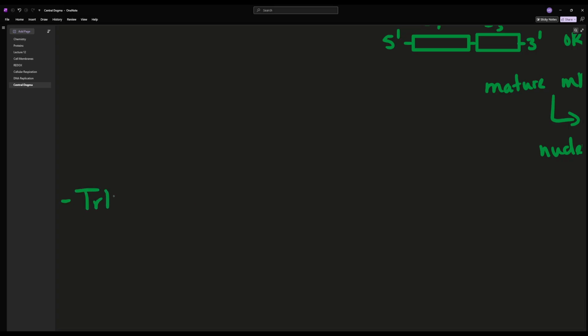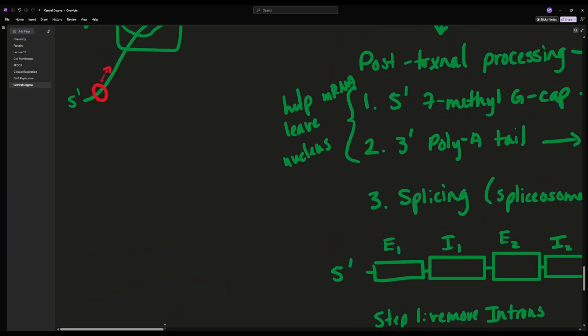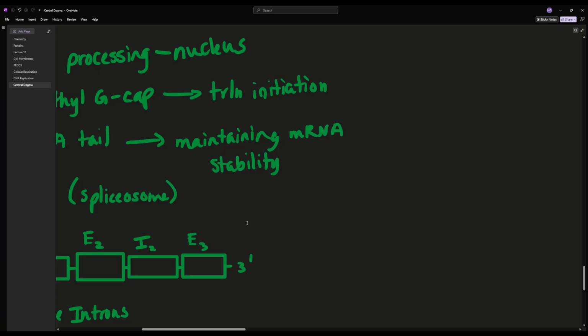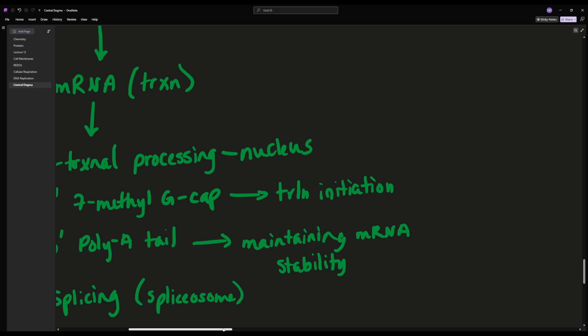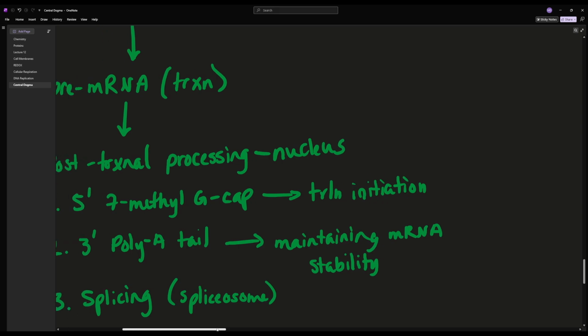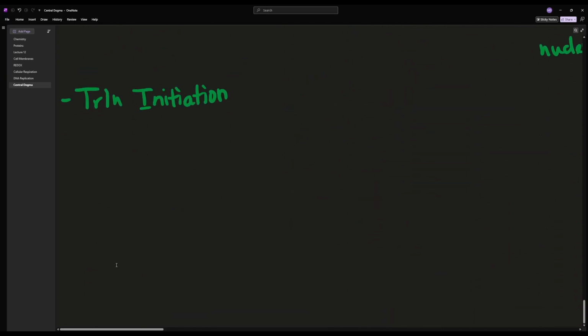So like I said, we'll first start off with translation initiation. In eukaryotes, there's two main types. There's the cap-dependent translation initiation, where, like I said up here, the ribosome will actually bind to the modified cap, and there's also cap independent, which has an internal sequence.